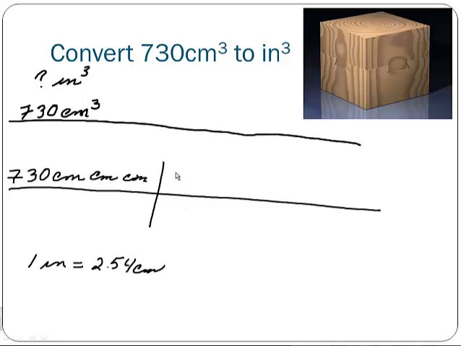All right, so this is the deal. I'm going to convert 1 inch. So I'm going to set this up. Let's do the units first. But I want inches cubed, so I'm going to have to do inch, inch, inch. And I'm going to have to do centimeters, centimeters, centimeters, because I want it cubed.